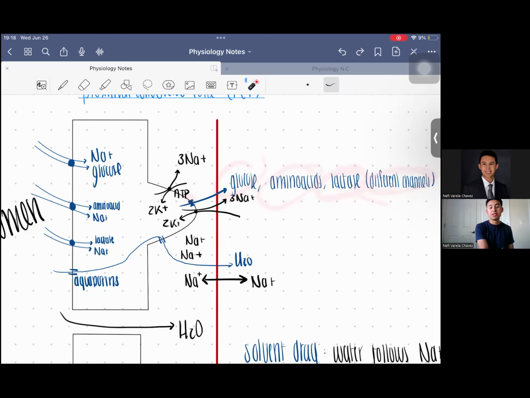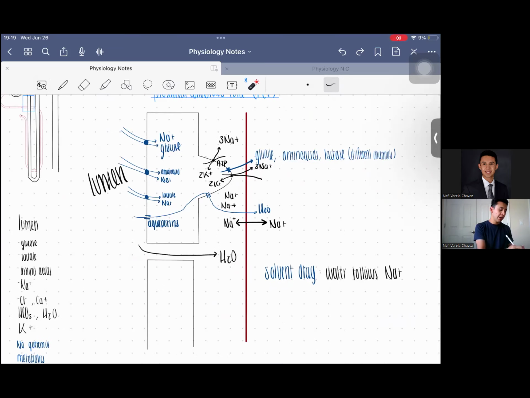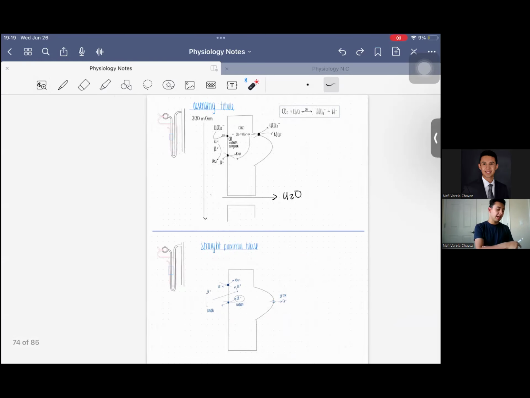Yeah, they're going to have different channels. So that means that these are going to be reabsorbed into the vasculature. So we have again this sodium potassium pump, and we will have water. Water is going to move freely through these aquaporins, and also between these cells we'll have spaces to move water. Okay, perfect. So that's going to be the first step in the PCT.